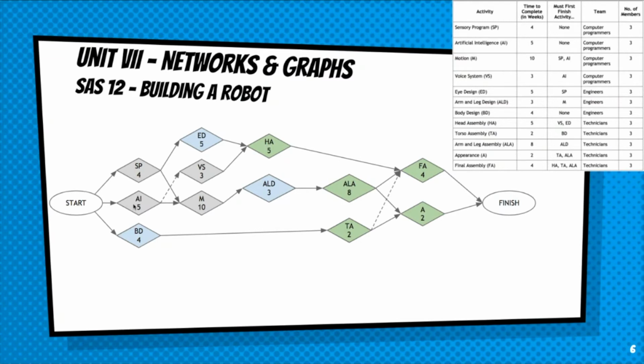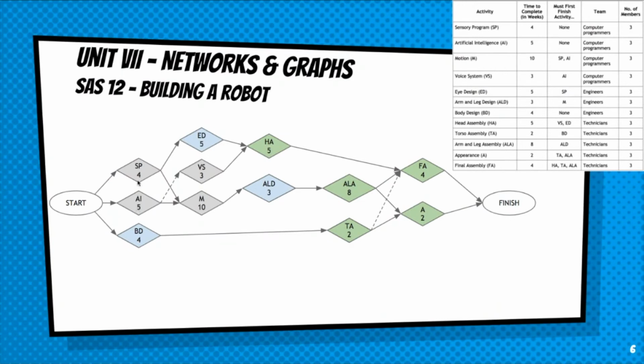So we would need at least 6 to get started. And then on engineering, we would need 3 more, okay? Which is cool if you think about this. You would only need 3 engineers depending on how well you could distribute the different people. But you would need at least 6 computer programmers to start. So 3 for the sensory program and 3 for AI.